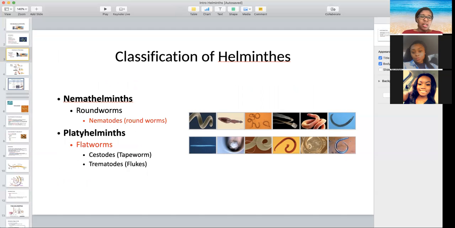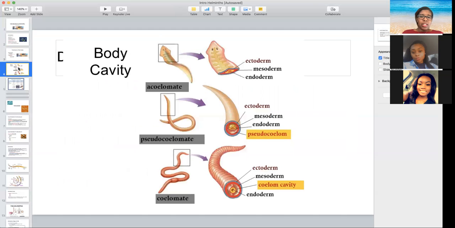Some of these worms can be identified based on their body makeup and the body cavity that they have: acoelomates, pseudocoelomates, and coelomates. We'll look at some distinguishing features between each of those body cavity makeups that these helminths can be distinguished by.